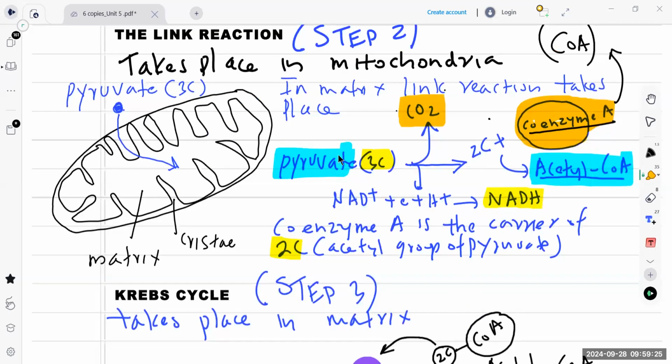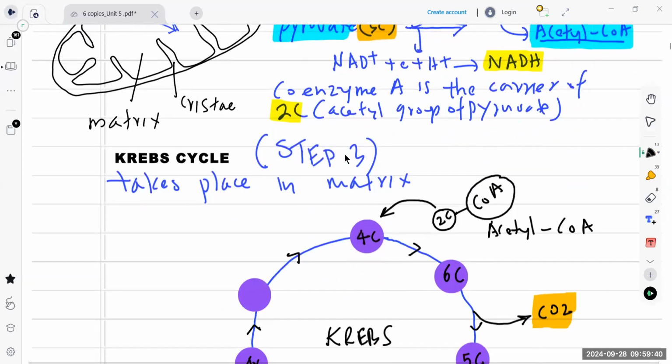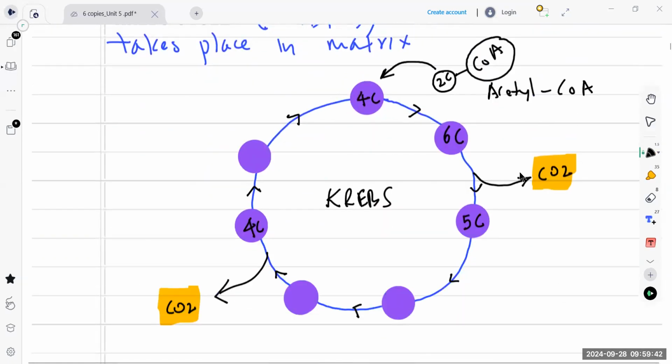Now pyruvate has 3 carbons, and the pyruvate molecule is completely broken down because all 3 carbons are released, one here, the second here, and the third here.